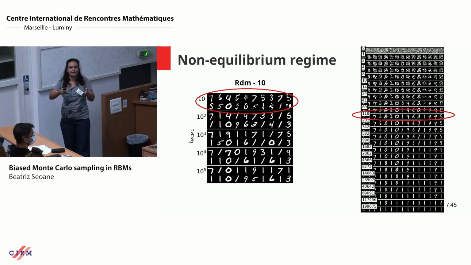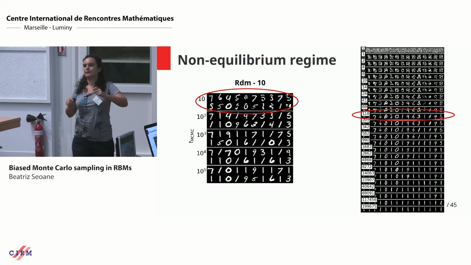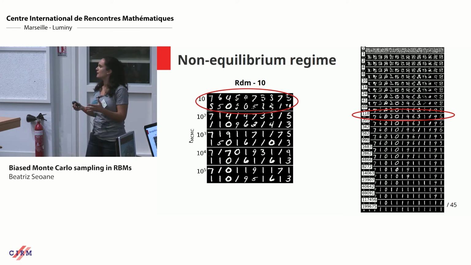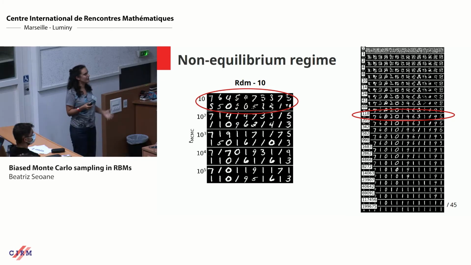We train it like this, and later during the sampling, we do the same procedure. What we see is that if we train it with 10 steps, after sampling 10 steps, we start to get numbers that are different from each other. And when we do much longer times, we start to get a thick version of the numbers that have a lot of ones. They look like numbers, but it doesn't seem to be okay.